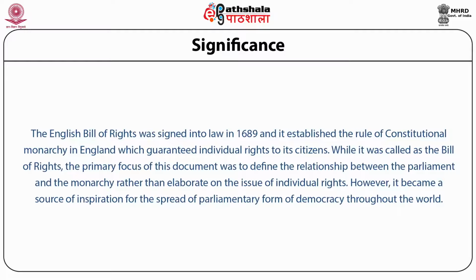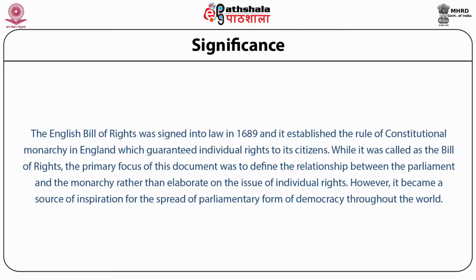The English Bill of Rights was signed into law in 1689, and it established the rule of constitutional monarchy in England, which guaranteed individual rights to its citizens.